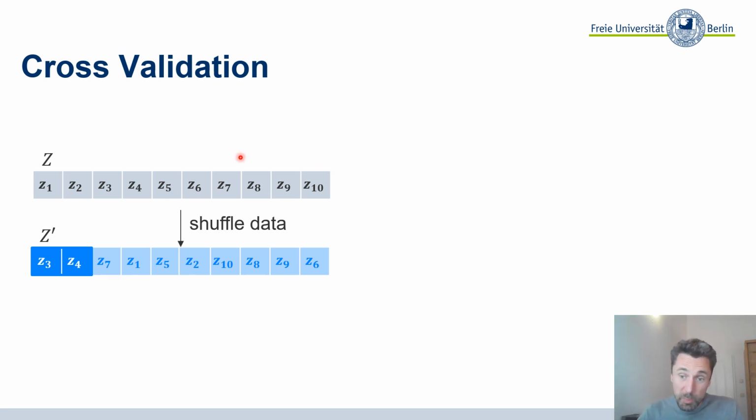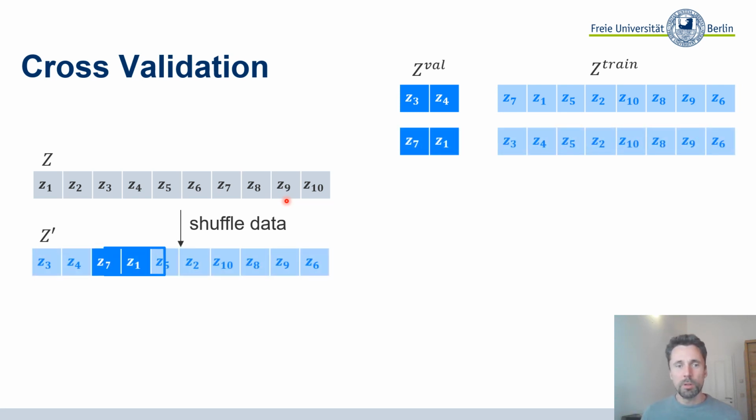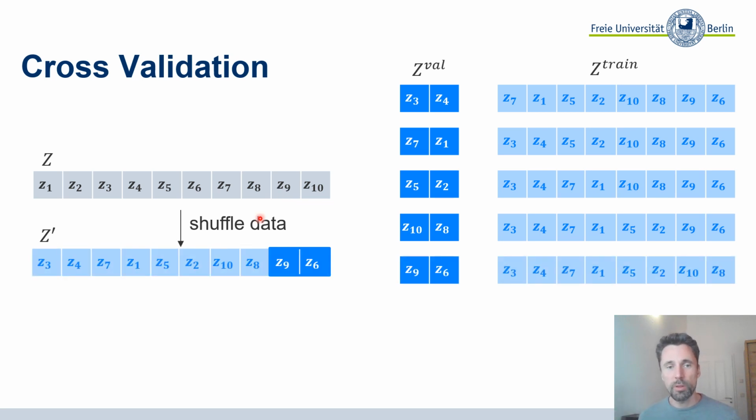So doing this, the train validation split over and over again, is called cross-validation. And it works like that. So we take our data, we shuffle the data, and then we take a window that has a width that we predefined earlier, and then we sample non-overlapping subsets within our data that we then assign to our validation set, and the rest is training.